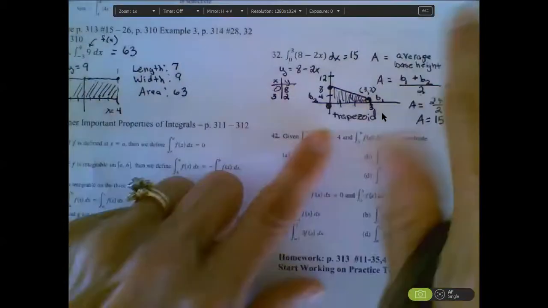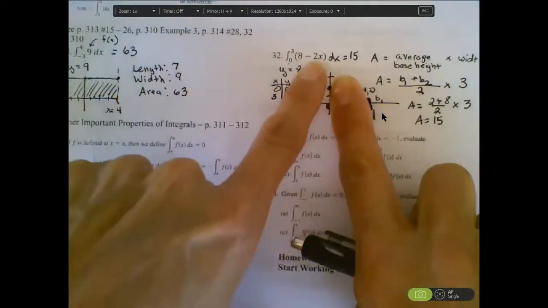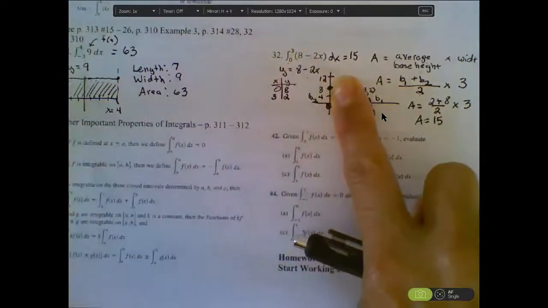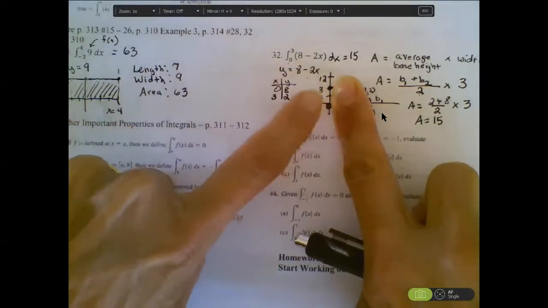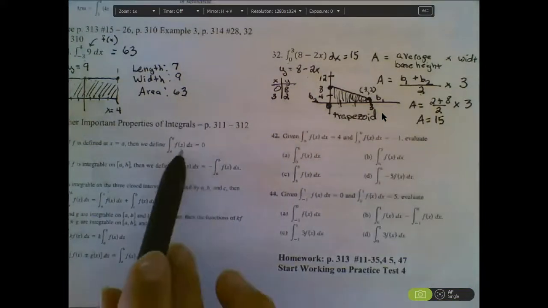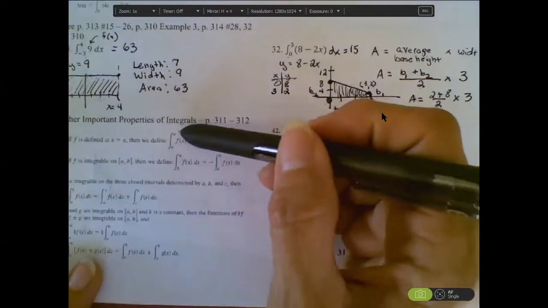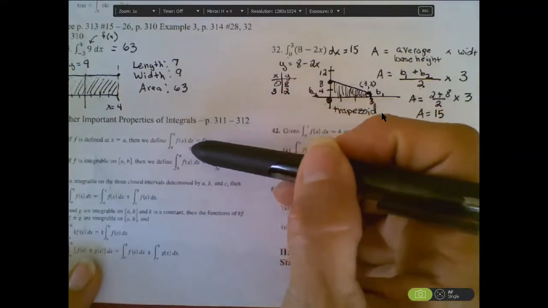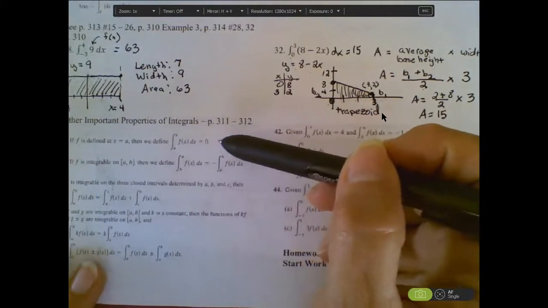If I was just integrating from 0 to 0 of this function, what do you think the area beneath this line from x equals 0 to x equals 0 is? Nothing. Yeah, nothing. There's no area under a point. So if we integrate from a to a of a function, dx, we just get 0. There's no area under a point.